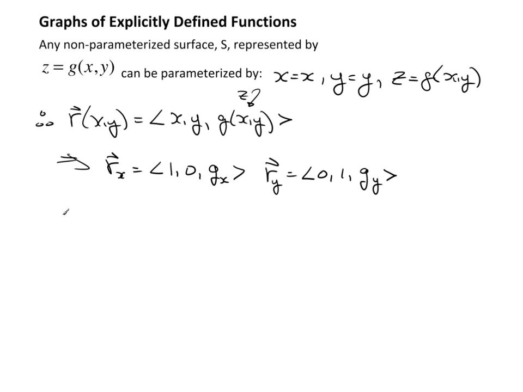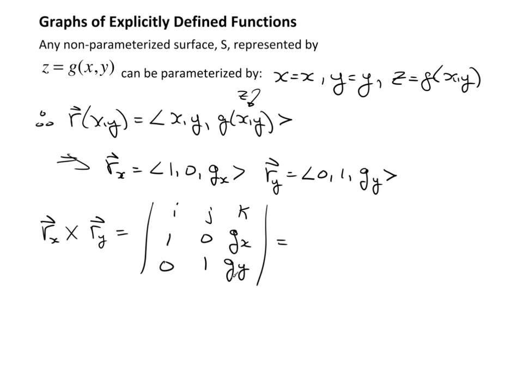So from that, I'm thinking about doing the surface integral. I know I'm going to need this cross product, r_x cross r_y, which again is a determinant: i, j, k, 1, 0, partial of g with respect to x, 0, 1, partial of g with respect to y.